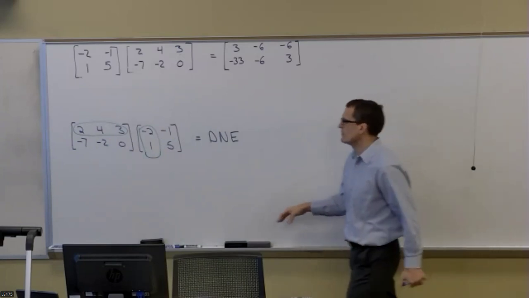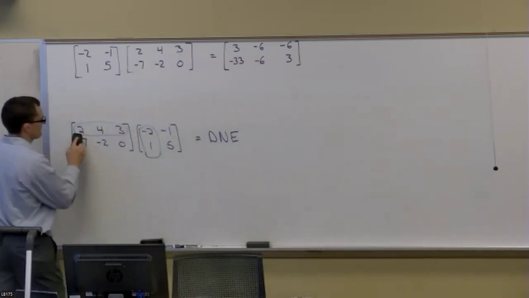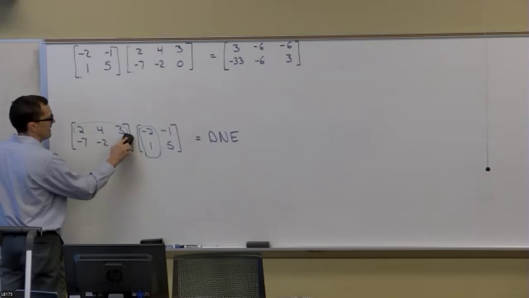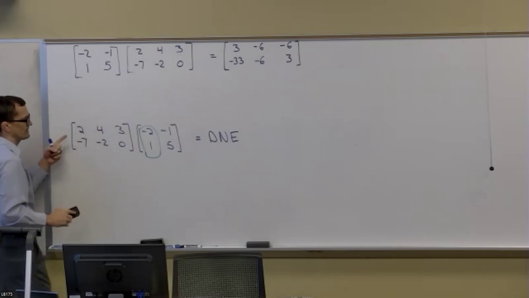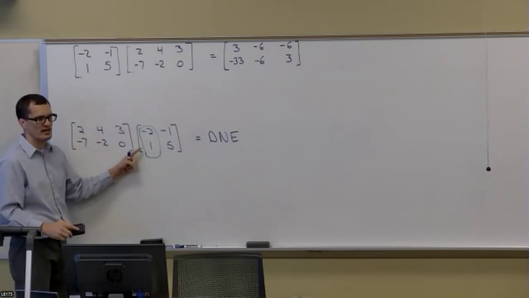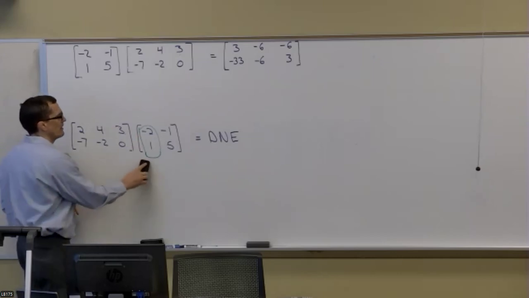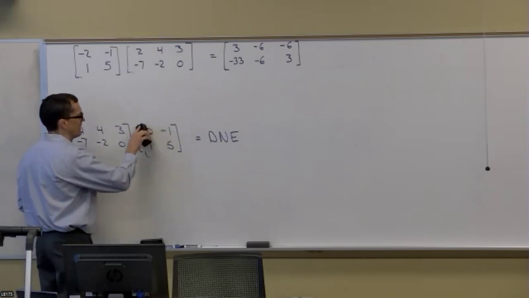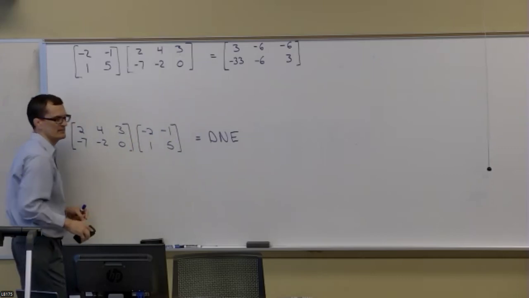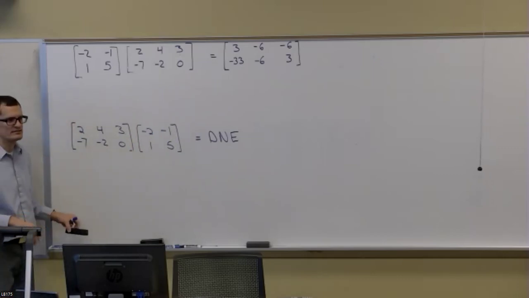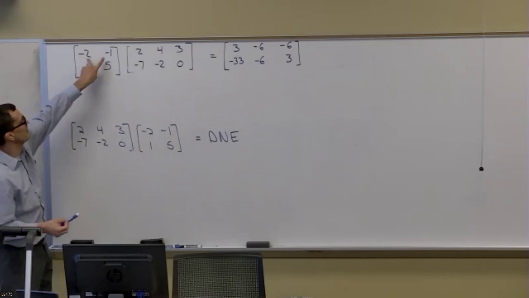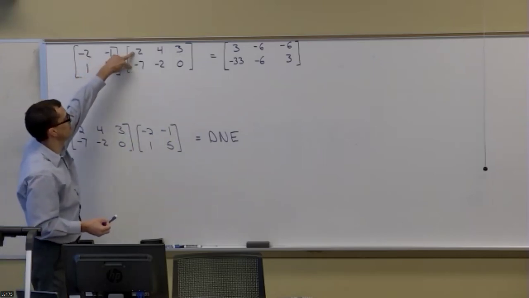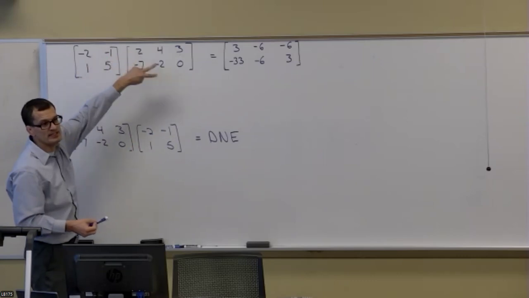Well, if the number of entries in a row in my first matrix doesn't match the number of entries in a column in my second matrix, then I can't multiply, and we say that product does not exist. But if they do match up, then it is going to exist.